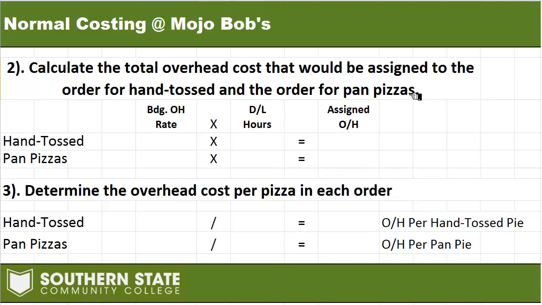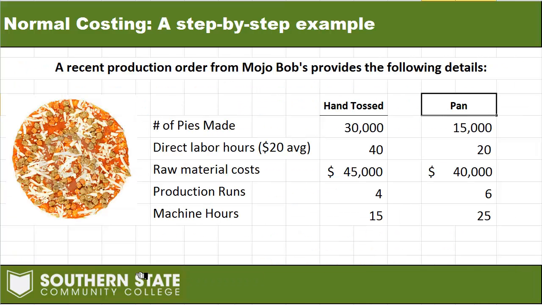Number 2 says calculate the total overhead cost that will be assigned to the order for hand tossed and the order for pan pizzas. The rate is $250. We just calculated that. So we need to find the direct labor hours for hand tossed and the direct labor hours used to make pan pizzas. That information was given earlier. It looks like 40 direct labor hours for hand tossed and 20 for pan.